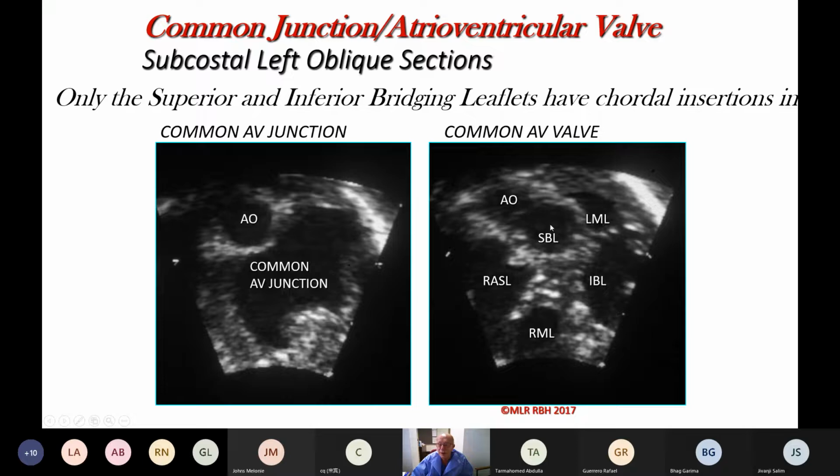You can see the 3 leaflet valve over the left ventricle, with the commissure between the superior and inferior bridging leaflet, and what is effectively a 4 leaflet valve in the right ventricle: right anterior superior, right mural, part of the superior bridging leaflet, part of the inferior bridging leaflet. So there's a beautiful demonstration of the 5 leaflet valve in an AV septal defect.